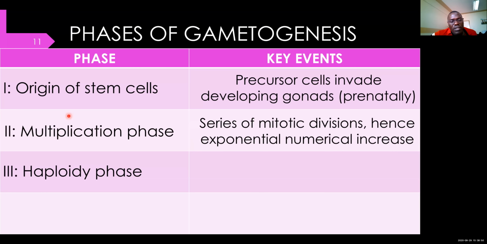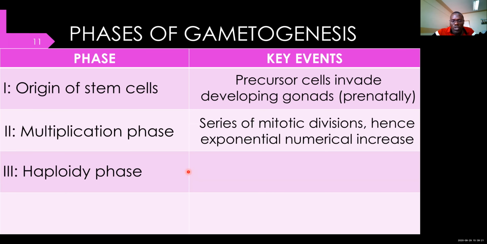After the sperms have increased in number significantly, or the oocytes have increased in number significantly, the third phase of gametogenesis is what we call the haploid phase. Now, haploid phase is that period where you want the gametes to reduce their chromosomal content.